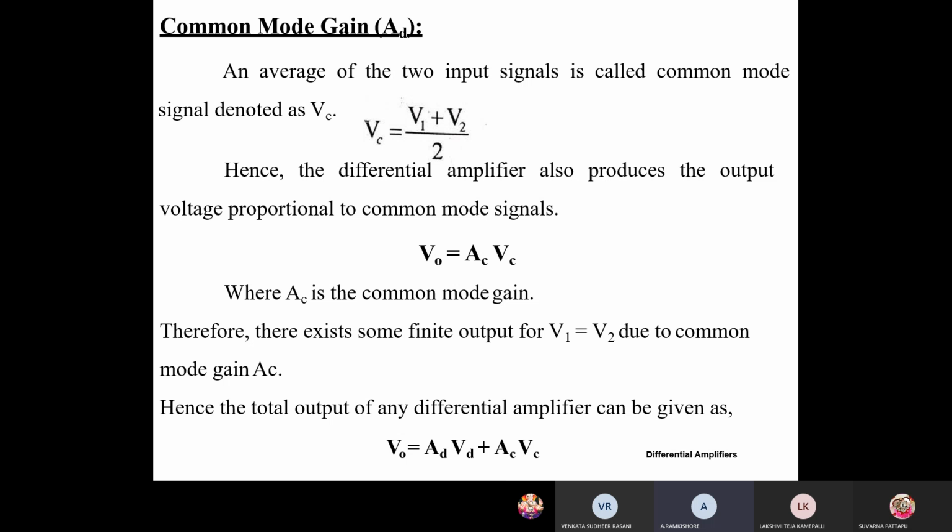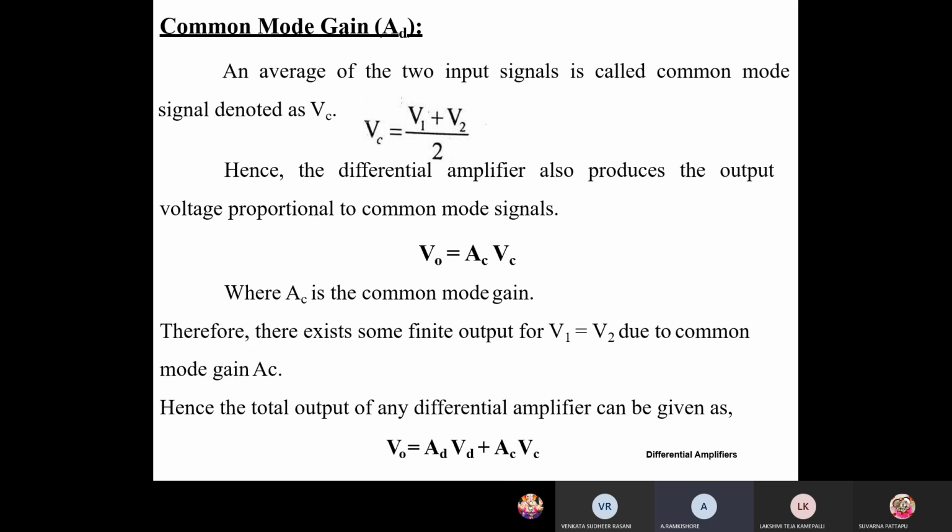Hence the differential amplifier also produces an output voltage proportional to the common mode signal. So V0 is equal to AC into Vc, where AC is the common mode gain.